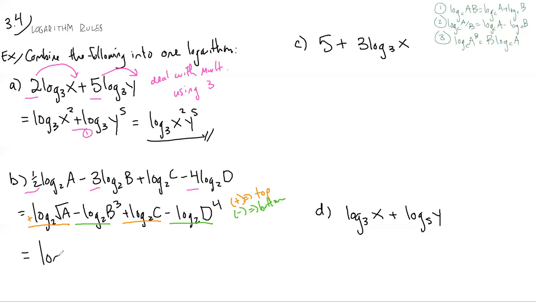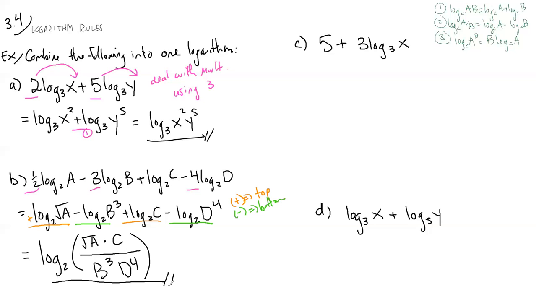And so what I'm going to have is my one big logarithm, and then on the top, I'll get root a times c, and then on the bottom, b cubed times d to the 4. So just save yourself a little bit of time there. You could do it in two steps, like you could do the first pair and make a quotient out of that, and then do the second pair and make a quotient out of that, but you should get the same result here.